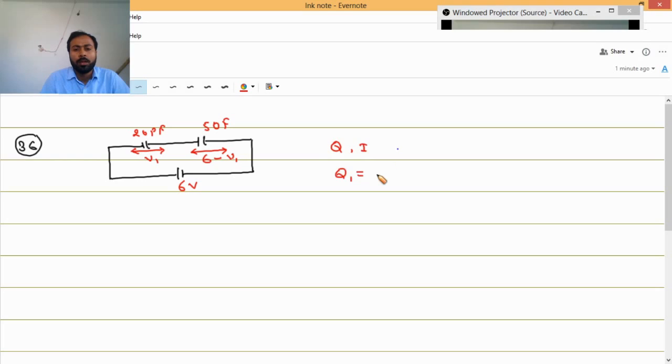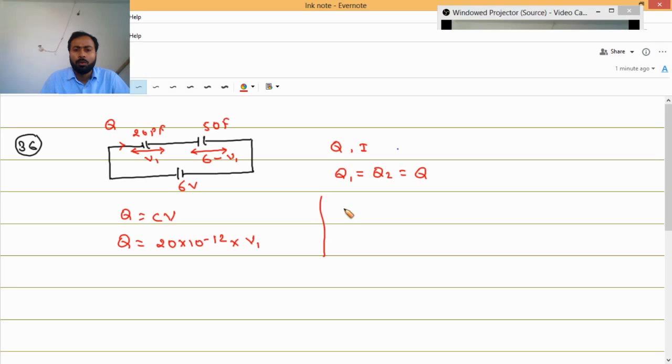So Q1 will definitely equal Q2, and we can consider it like Q. So the charge flowing through this branch will be equal to Q. Since Q is equal to C into V, the Q value will be 20 into 10 to the power minus 12 into V1.